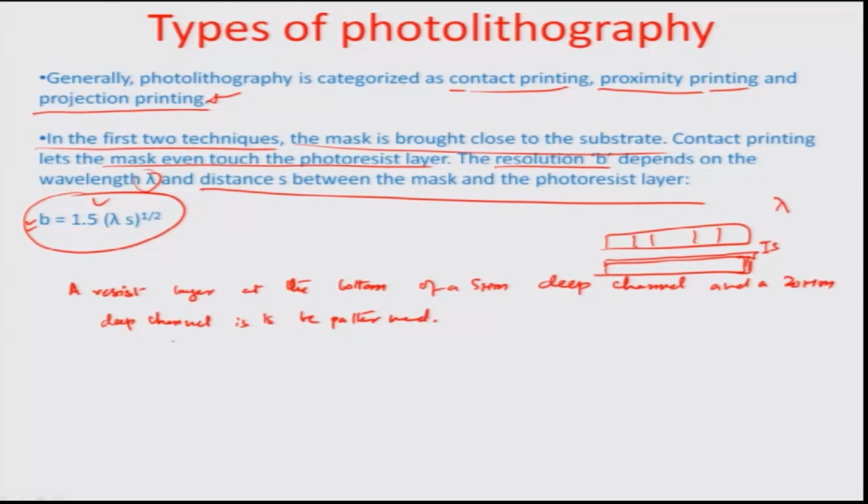The photoresist is exposed to UV light of a 400 nanometer wavelength.